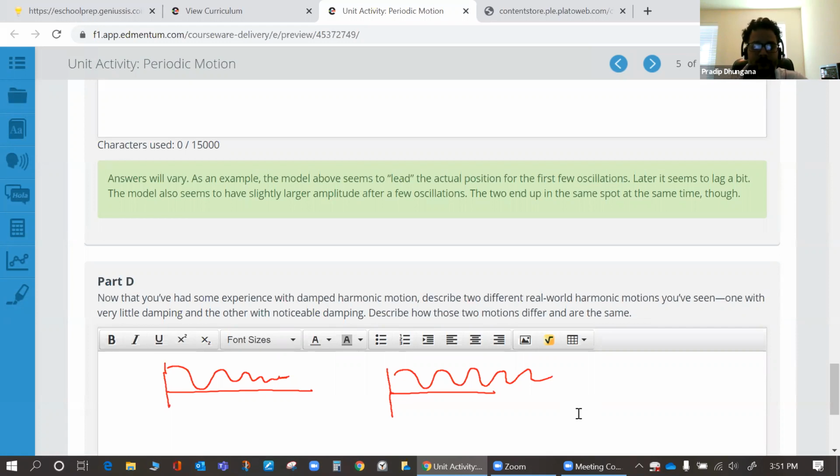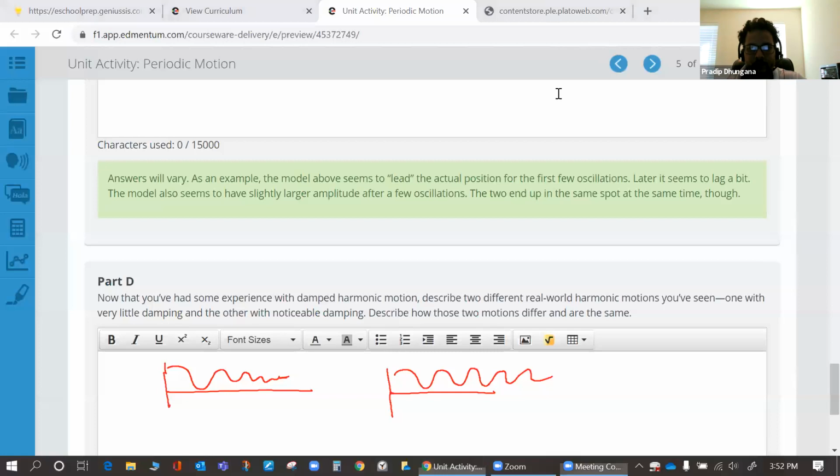Just give me two examples: one with more or noticeable damping, and another with very little damping. Let me erase that, and then we'll look at our sample response.